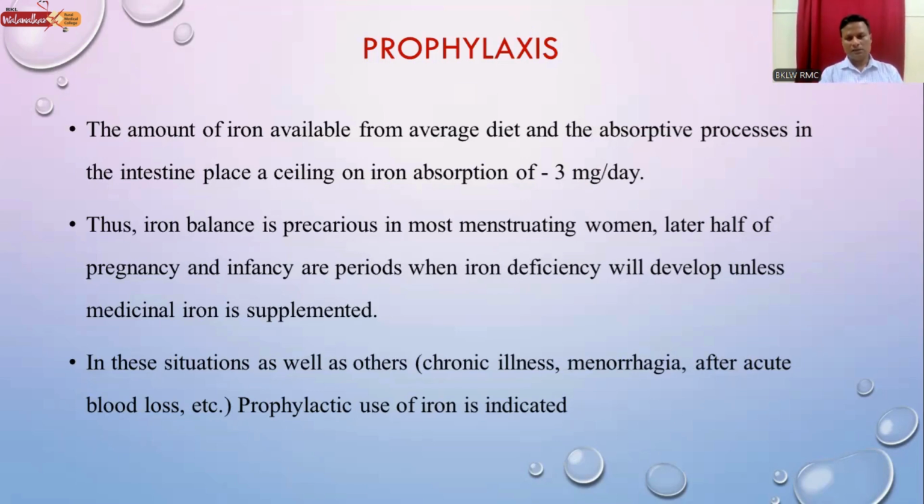In such situations, if we do not supplement iron, iron deficiency anemia is very common. So in these situations, mostly oral iron preparations are preferred. The prophylactic dose of iron is 30 milligram elemental iron daily. Also in some other conditions, like chronic illnesses, menorrhagia, and acute blood loss, prophylactic iron is required.